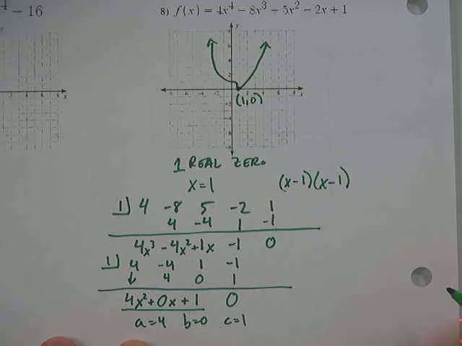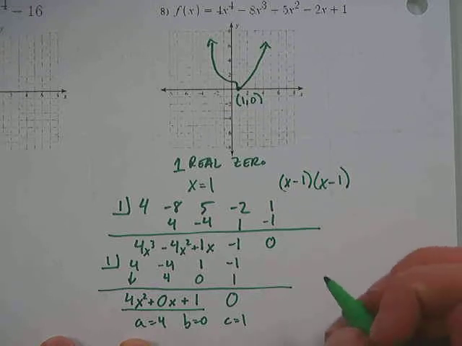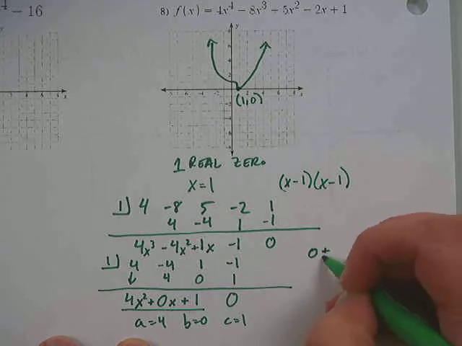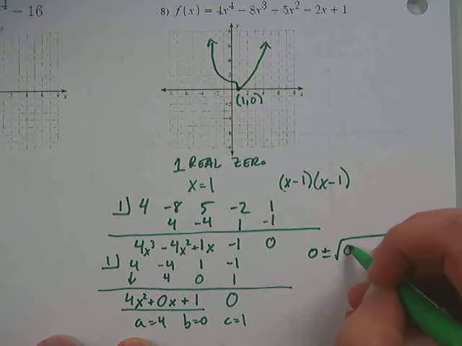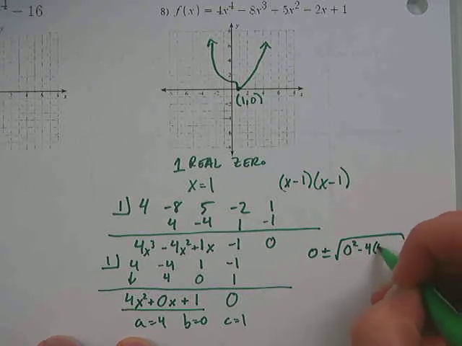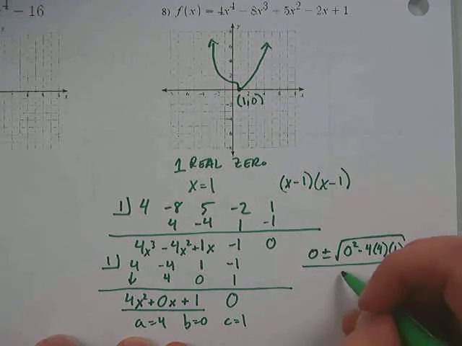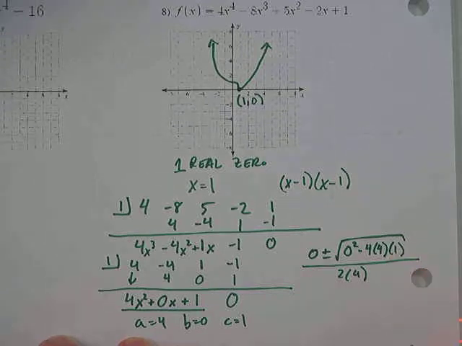So plugging this into the quadratic formula, we should have -b, so -0, which isn't really a thing, so we just use 0, plus or minus the square root of 0 squared, minus 4 times a, which is 4, times c, which is 1, all divided by 2 times a, so 2 times 4. Okay, so now we have to simplify this.